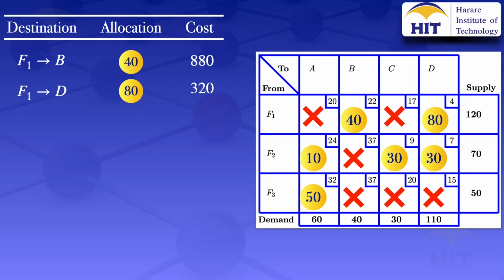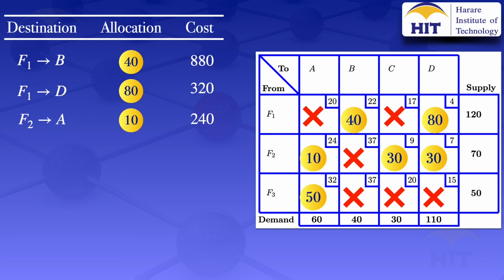The next one, we are looking at source F2 to destination A. We are allocating 10 units at a unit cost of 24. The cost will be 10 times 24, which gives us 240.